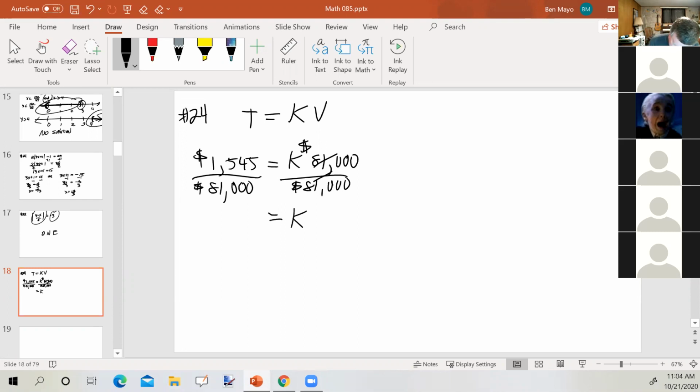So I'm just going to leave it as 1,545 over 81,000. Now, I could reduce that. For instance, I can take a 5 out, but I'm not going to bother. Okay? So now T equals 1,545 over 81,000 times V.